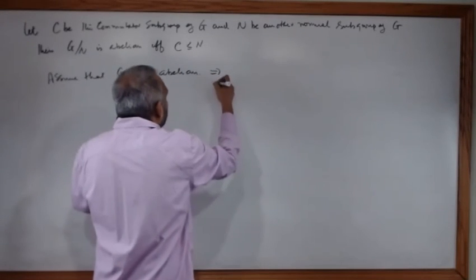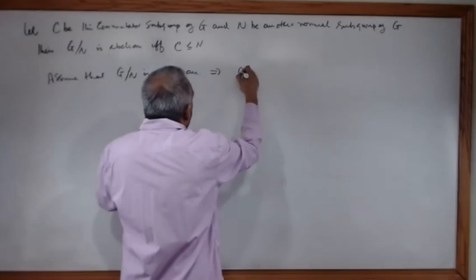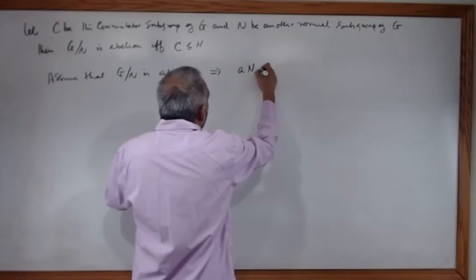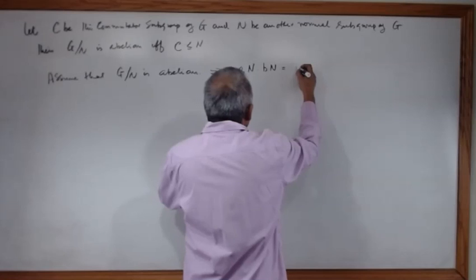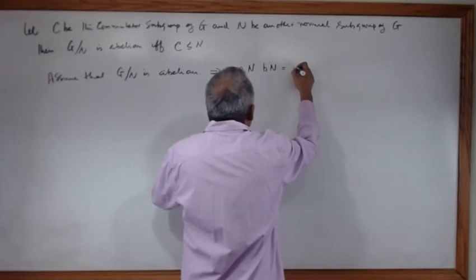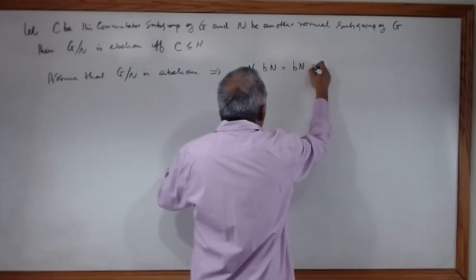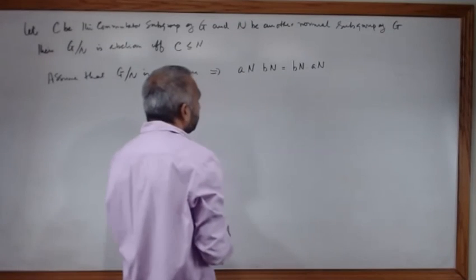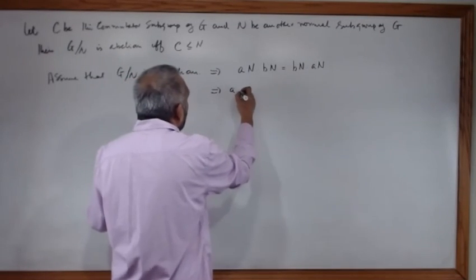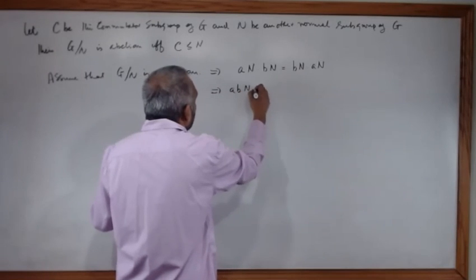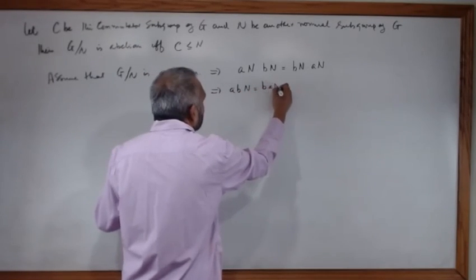That implies AN times BN is equal to BN times AN. And that implies ABN is equal to BAN.